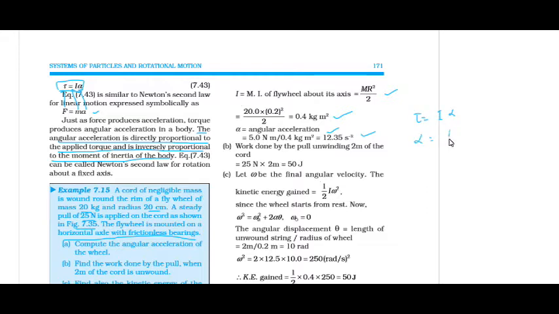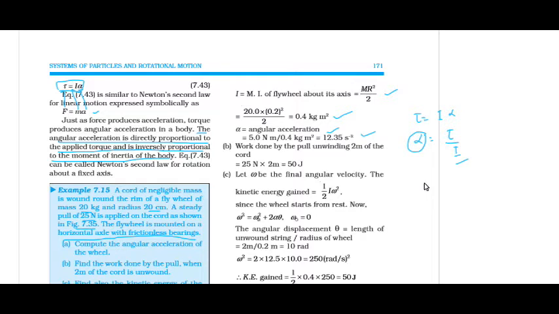Therefore, alpha is equal to tau by I. So we put the value of tau as 5 Newton meter and I as 0.4 kg meter square. Therefore, we got the value of alpha.